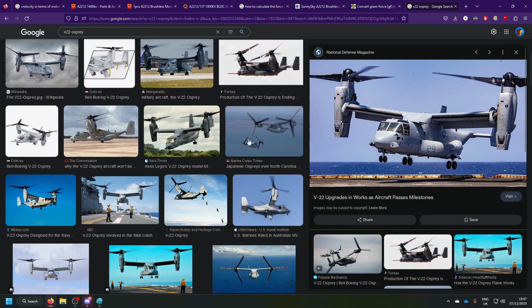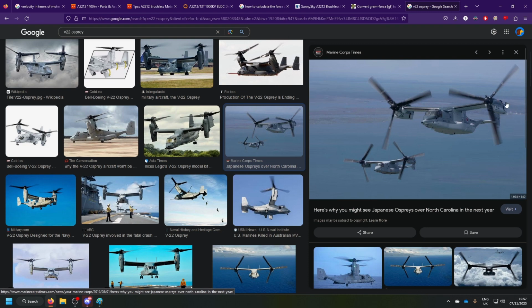Over here, it can have its propellers facing forwards, which is more efficient because it's not having to convert its stored energy, probably jet fuel, into the kinetic energy for the upthrust to oppose its weight.